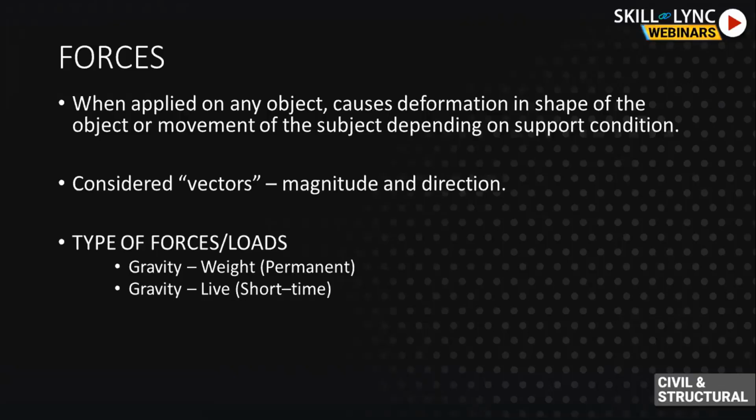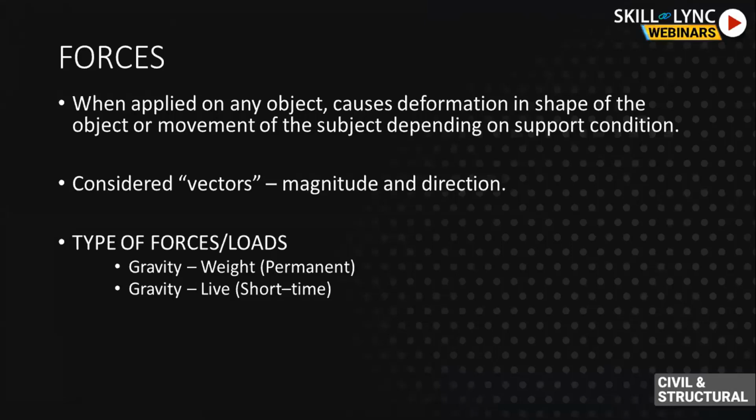The second thing is again a gravity load, that is the live load. Say human presence. The human presence in a structure at a particular time is varying. At a particular time there can be a person, at another time there may not be a person. So that is called a live load.